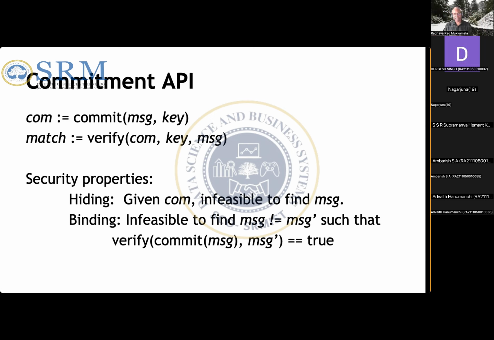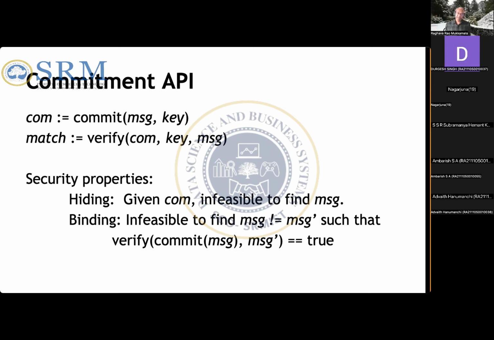So then what I will say is, no, you only have my commitment. Now I will change the message to tails, and I will find another key which will give the same commitment value. So what I mean to say is, when I change the message to message prime, which is heads to tails, then I can find key prime, so that it will give you the same commitment, same hash value.